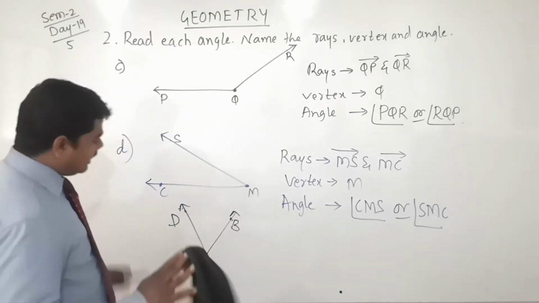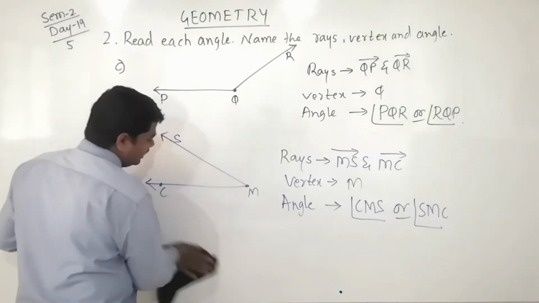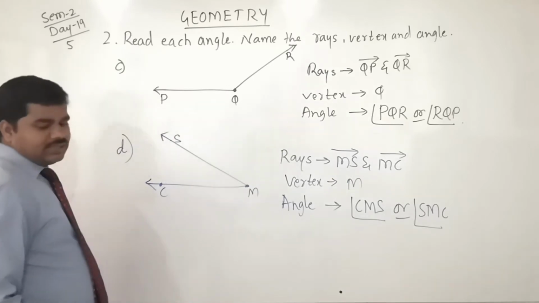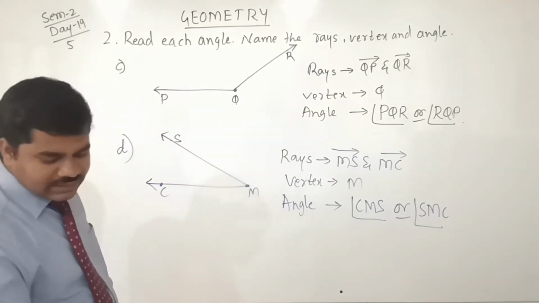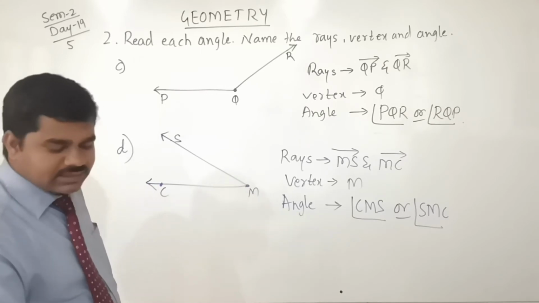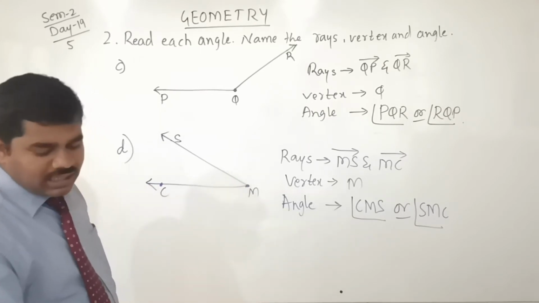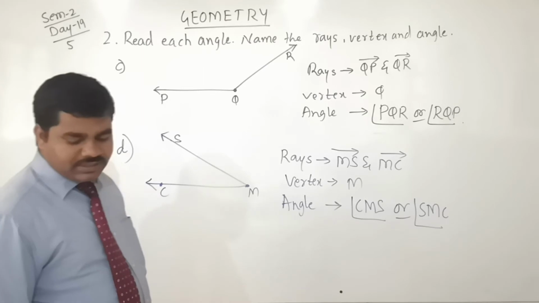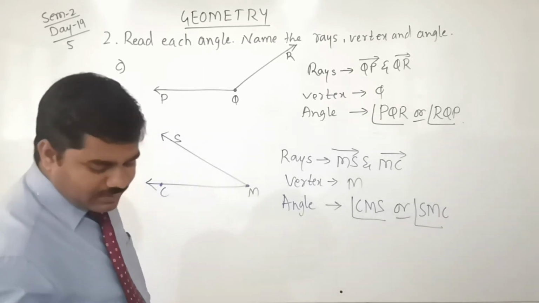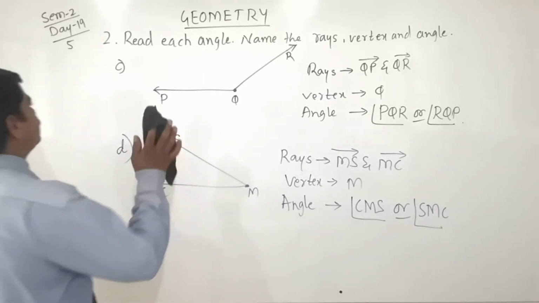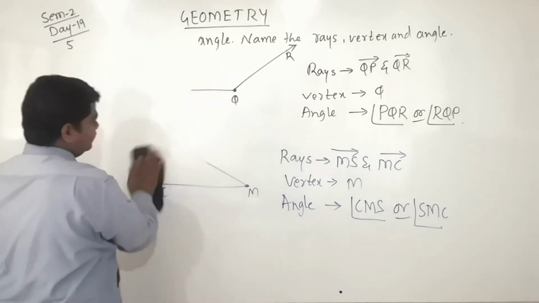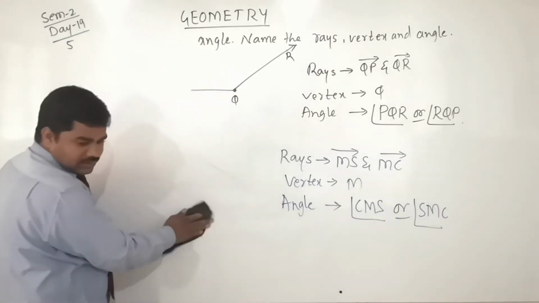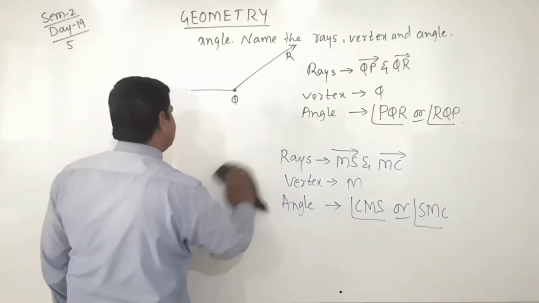Here next some figures are given. You should name them and write the vertex, angle, rays, everything. You should take your own names and write. After this, fill in the blanks is there. That one we will solve now. These are exercises from your textbook, page number 131.